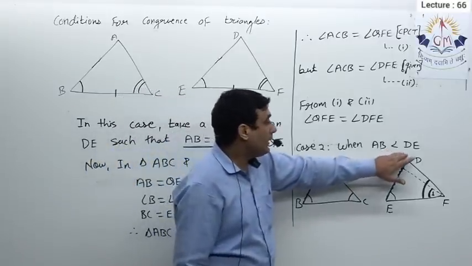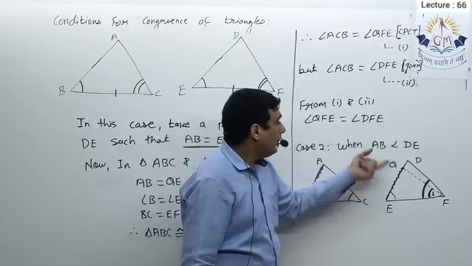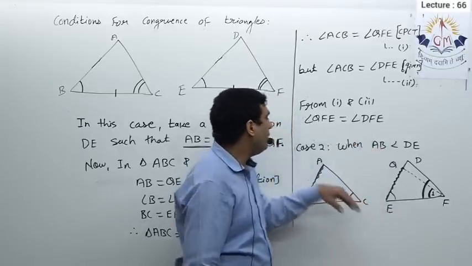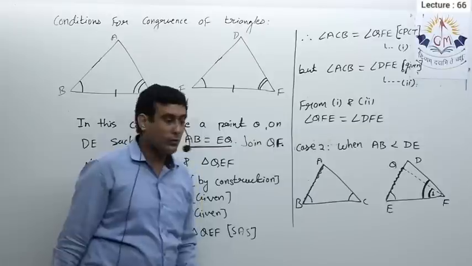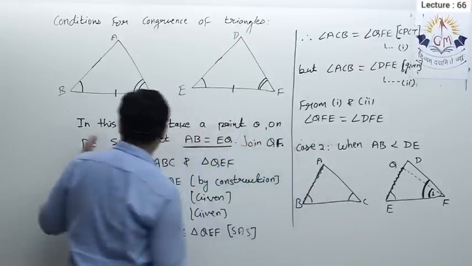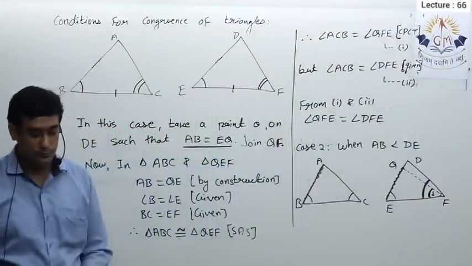That means what I actually assumed will become wrong. So I'll get that AB equal to DE, and as AB equal to DE, we can say the triangles are congruent. So here I started case 2, so note down this, then this, and then this. Then I will give you the remaining portion of case 2.